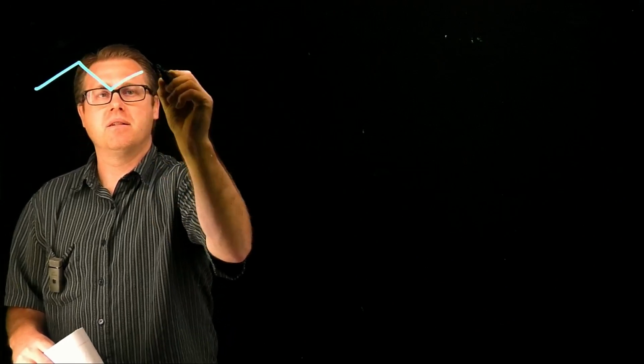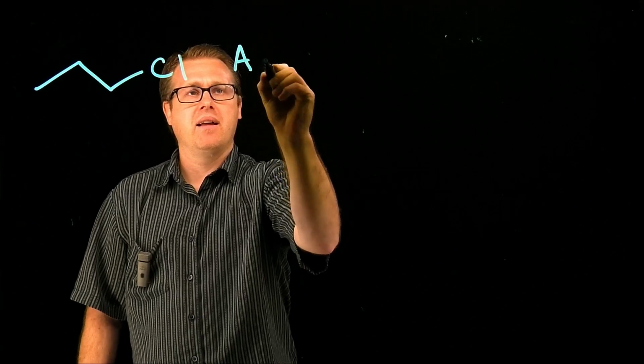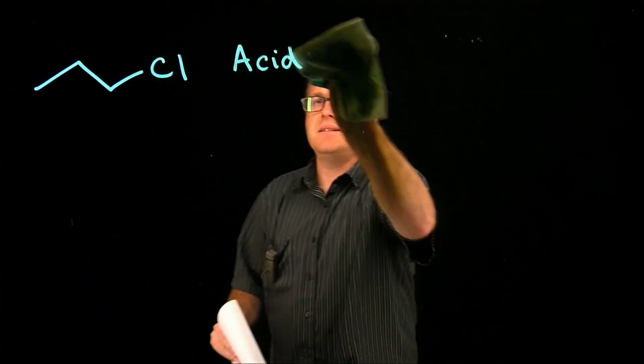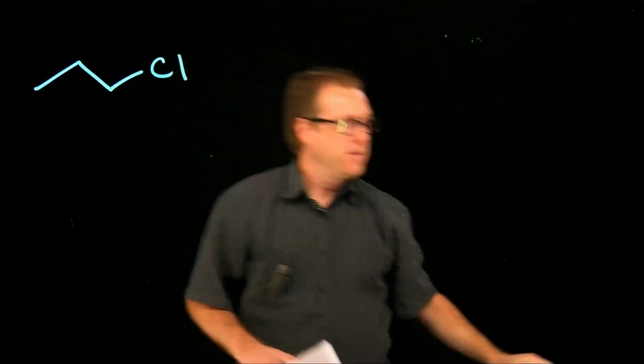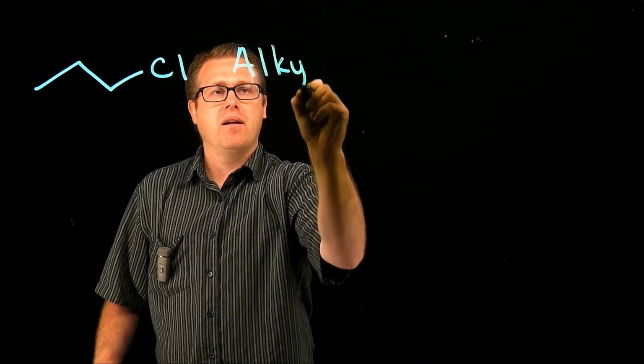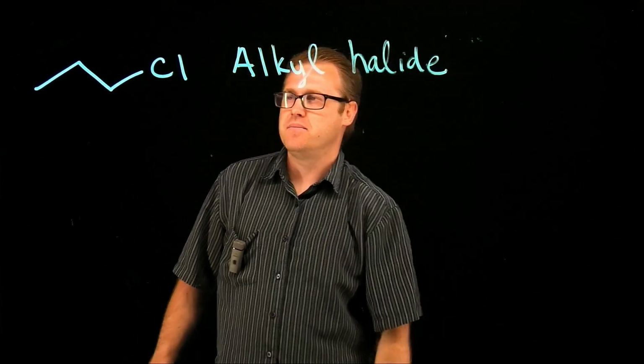So one thing that you need to be able to look at a molecule and identify is something that looks like this. That's not an acid. That is called an alkyl halide.